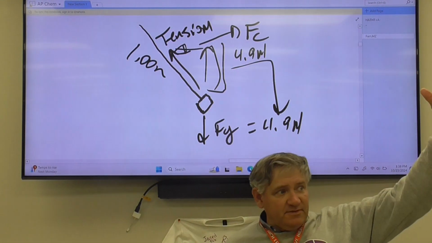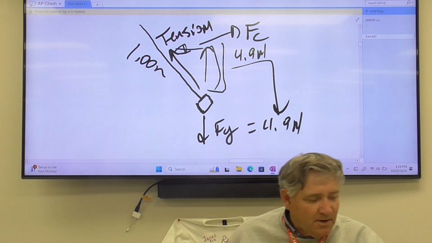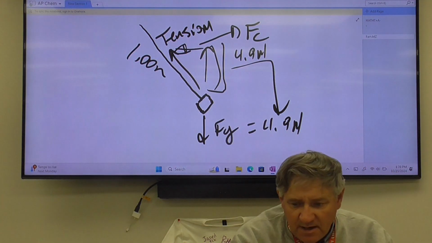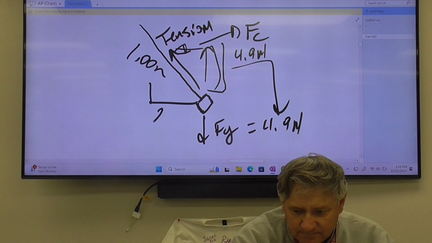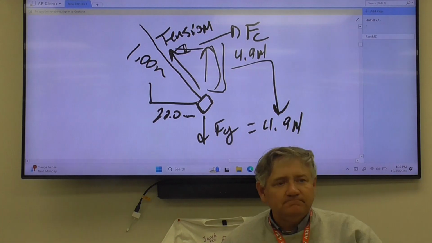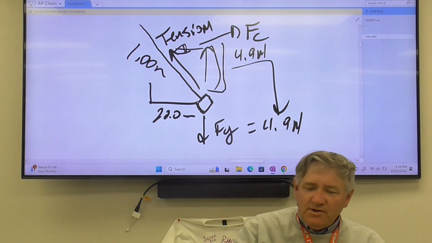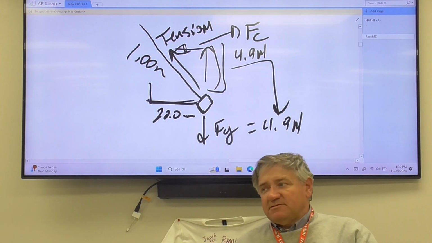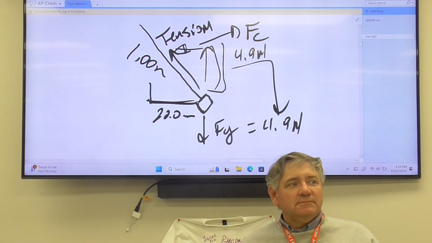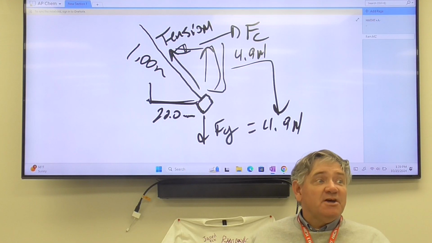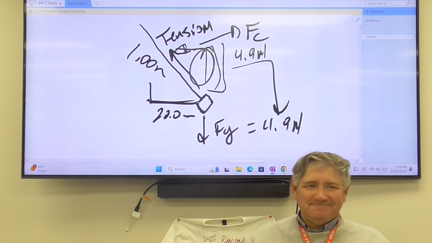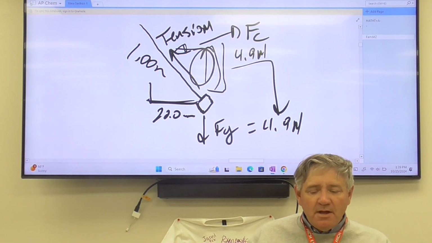Okay, so you know the length of the string, 1 meter. You're told that it has a radius of 20 centimeters. Okay, cool. So if you know that's 1 meter and you know that's 20 centimeters, you can do some trig. Oh, you can find some angles. If you know some angles and you know one side of the triangle, guess what? You find everything else.